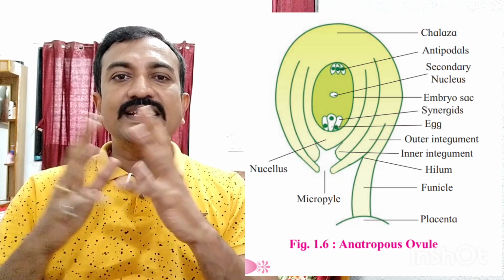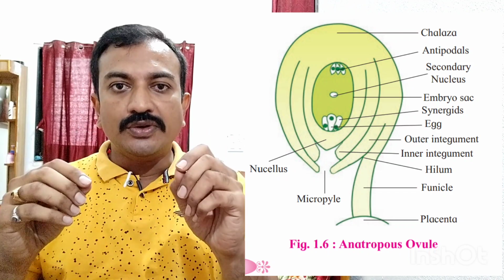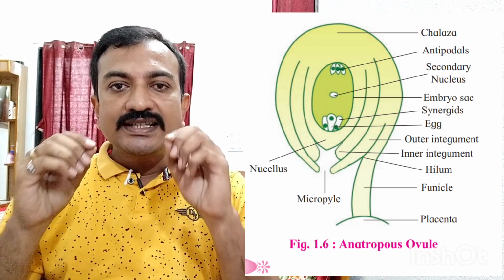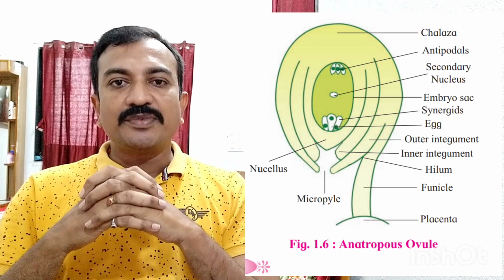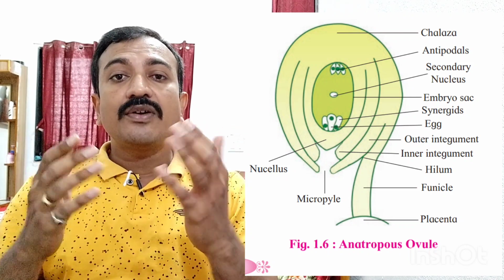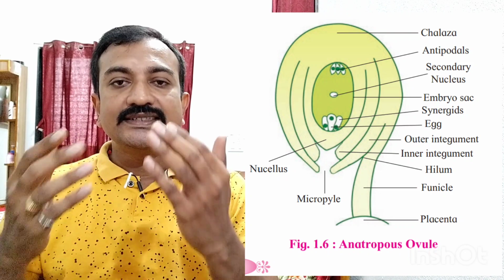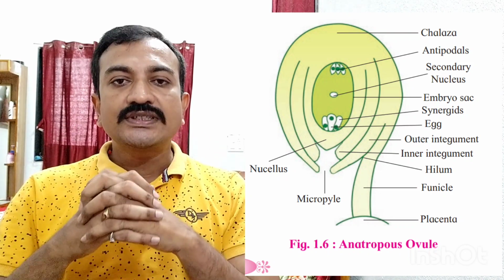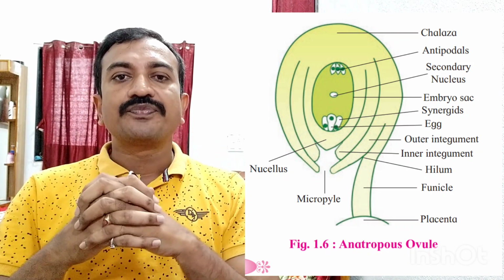So that kind of ovule is the anatropous ovule. First we discuss the structure of the anatropous ovule, and then after we discuss how the development of female gametophyte occurs inside the ovule. So first, anatropous ovule.